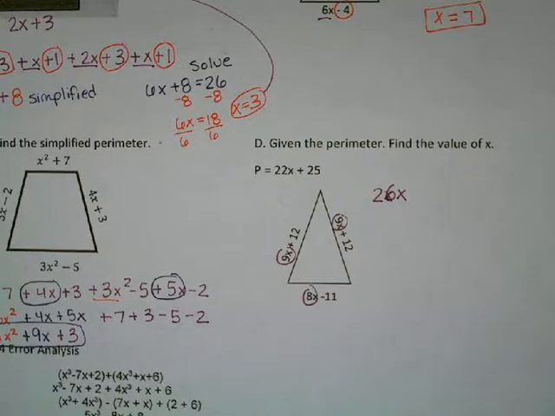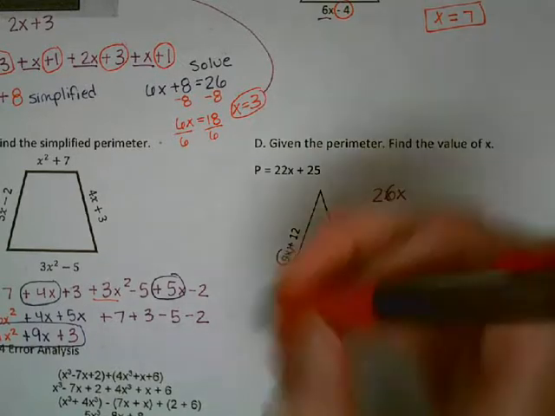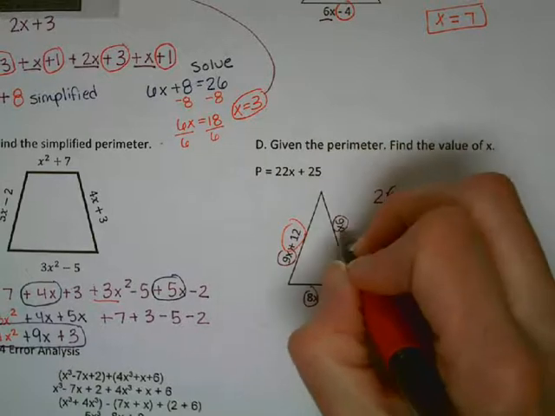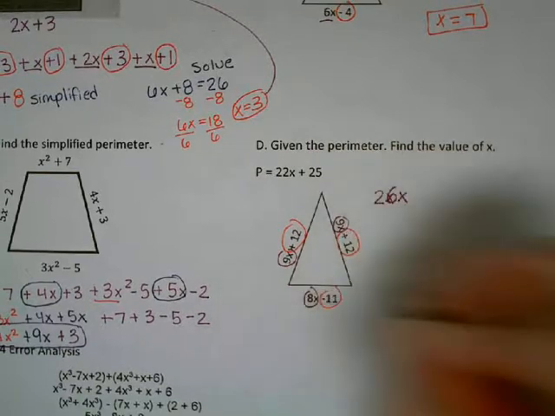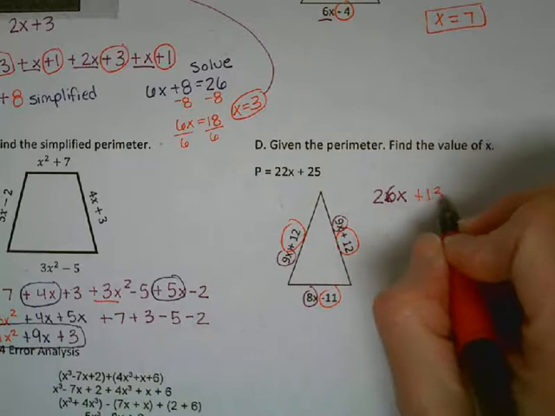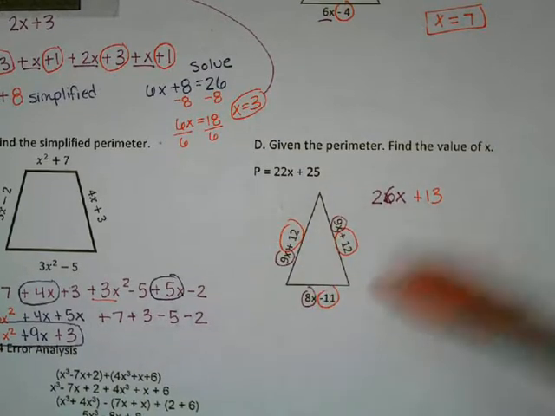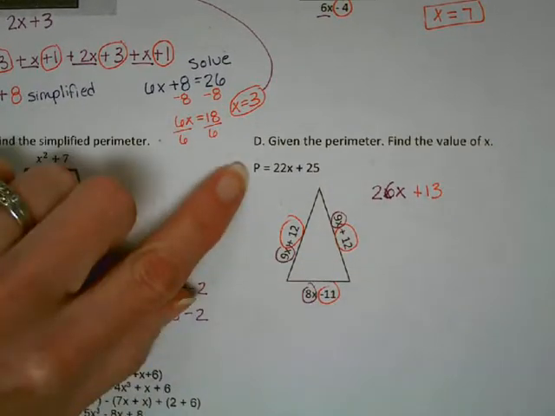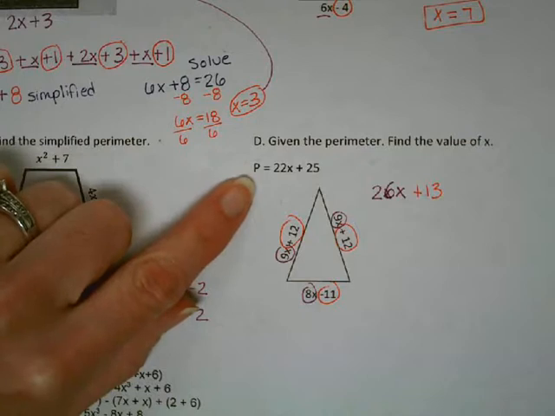That's going to give us positive 13. So that's what I got from adding those up. This time, instead of saying it equals like 111, this one says it equals 22x plus 25.